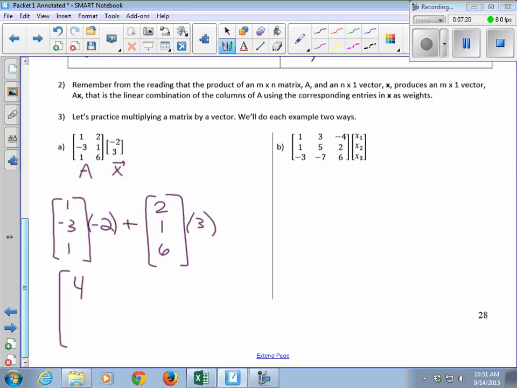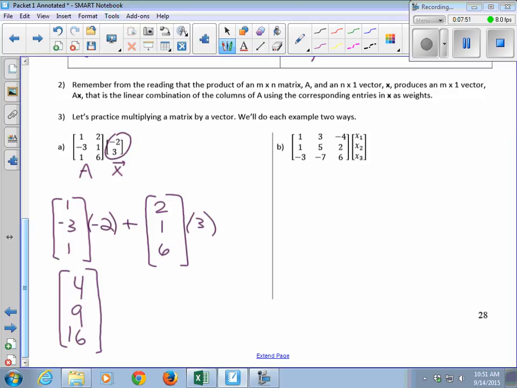Yes, the vector is -2, 3. Each individual entry of a vector or matrix is a scalar. So the product is -2 plus 6, which is 4; 6 plus 3 is 9; and -2 plus 18 is 16. The result is 4, 9, 16.